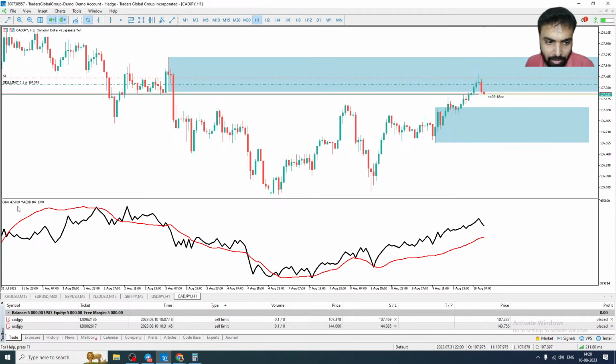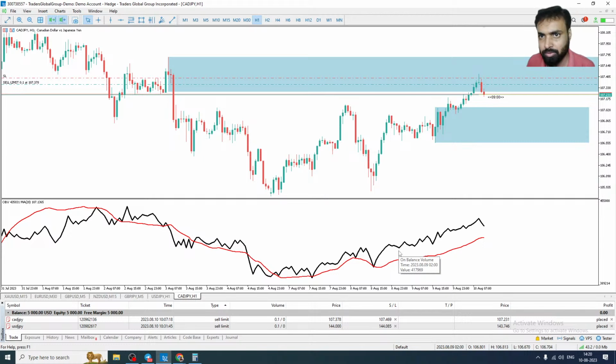I have placed the OBV indicator, on balance volume indicator. Black line is your volume and red line is your price. Now, even though forex market doesn't have volume, you can consider this as tick volume.